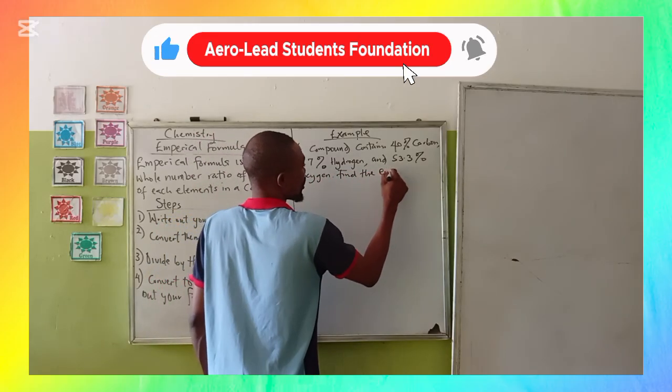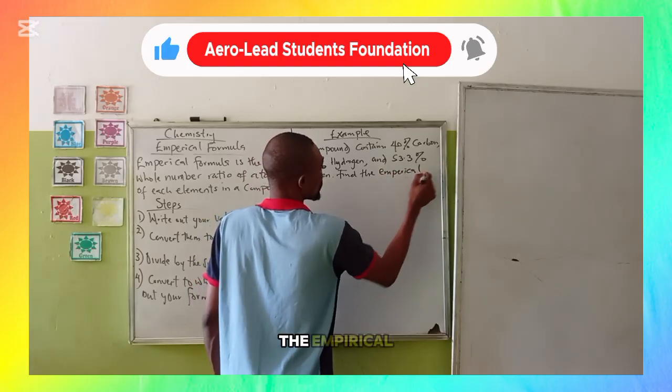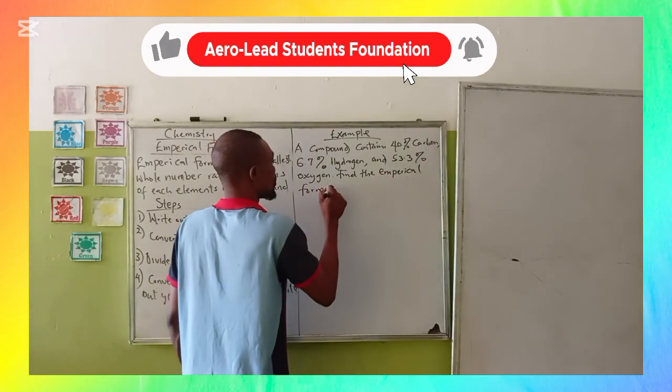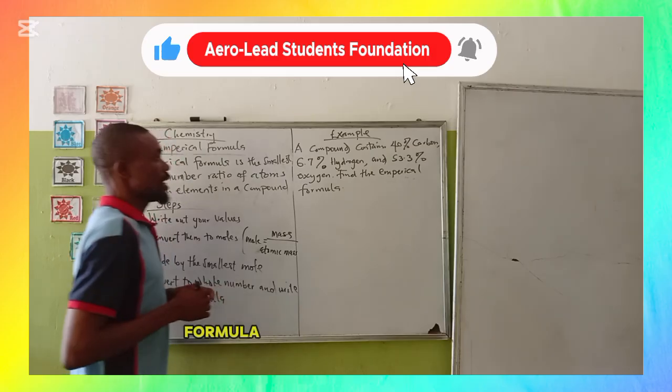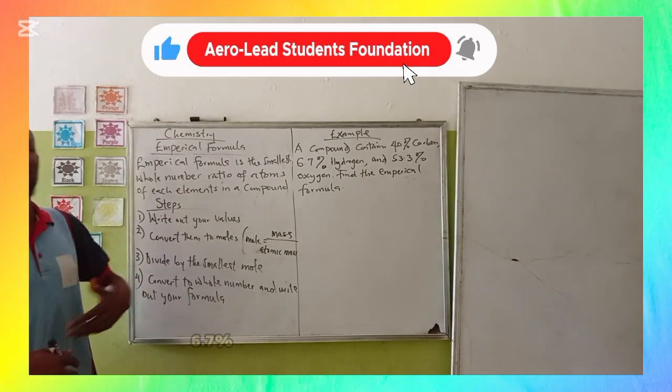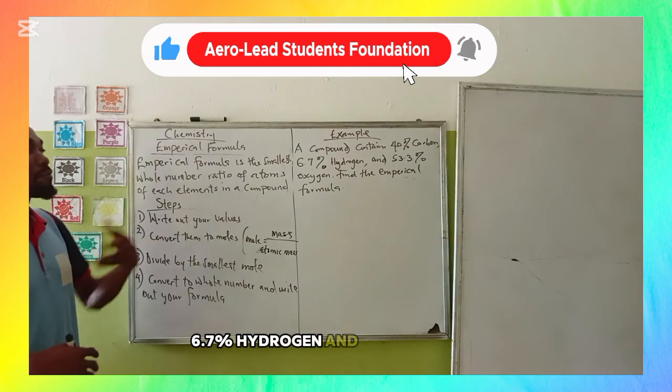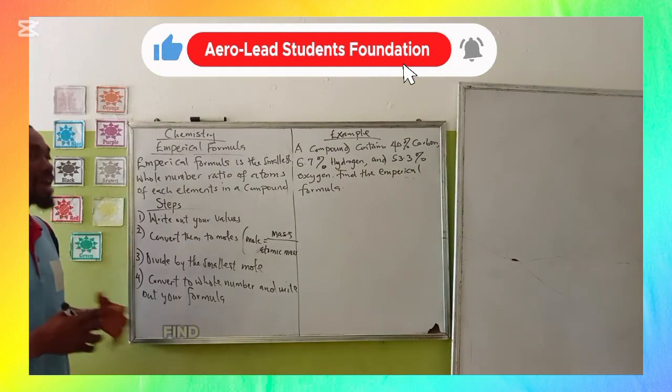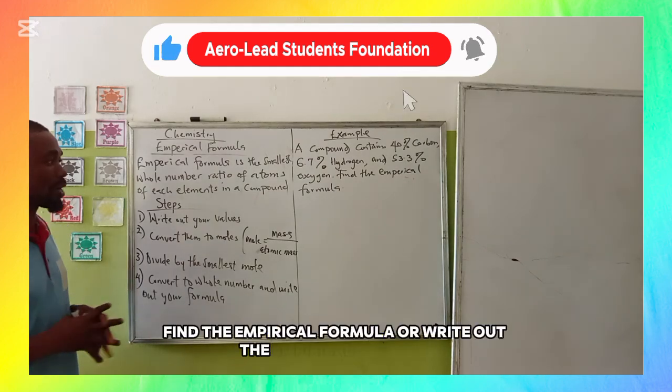Find the empirical formula. A compound contains 40% carbon, 6.7% hydrogen, and 53.3% oxygen. Find the empirical formula, or write out the empirical formula.